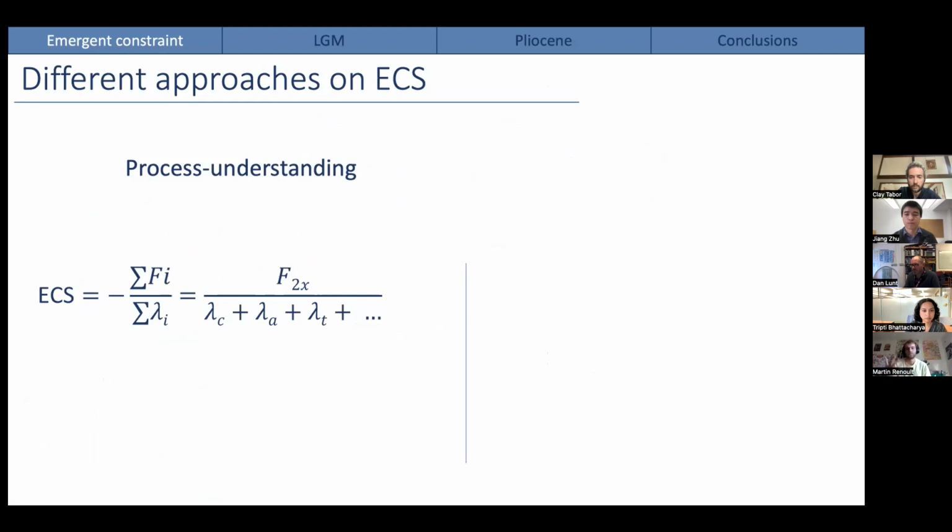One way was this process understanding approach where you divide the global climate feedback into its individual components. These approaches are usually a bit more observation based or based on physical theory, and there's a bit less trust in climate models, which is something that the emergent constraint approach is a bit more based on.